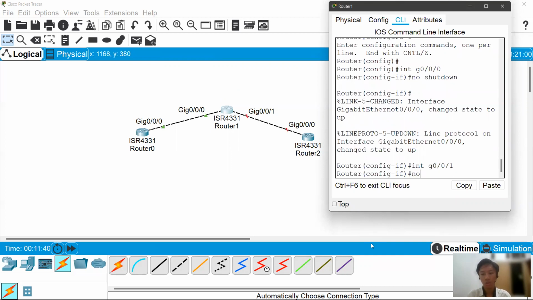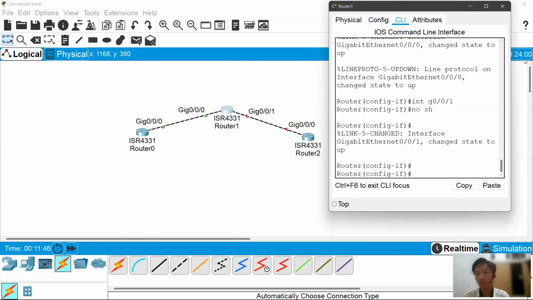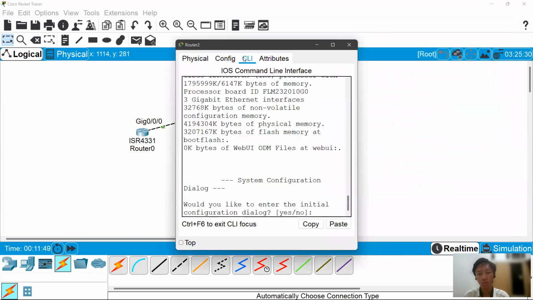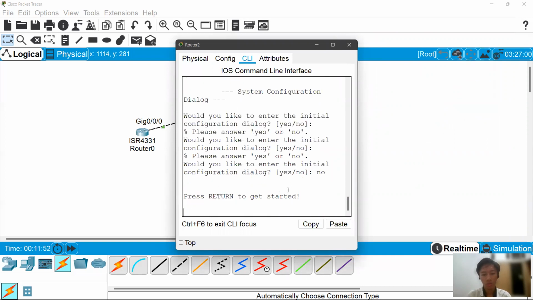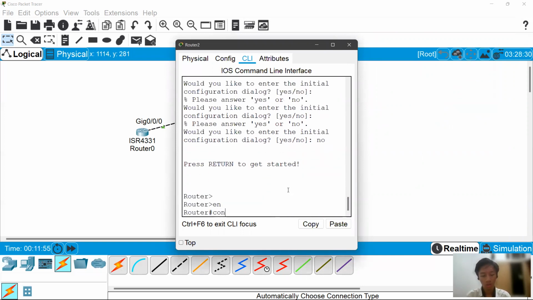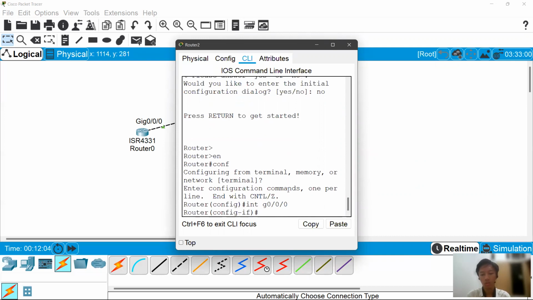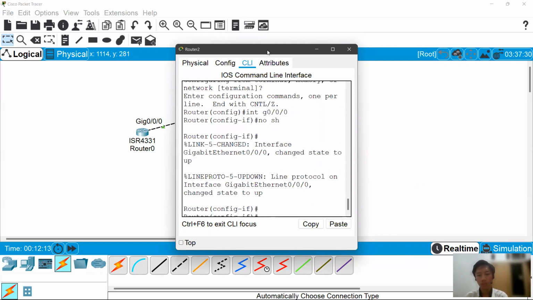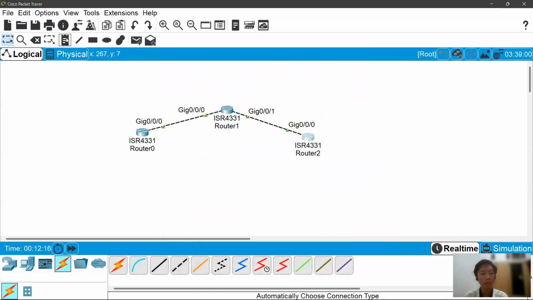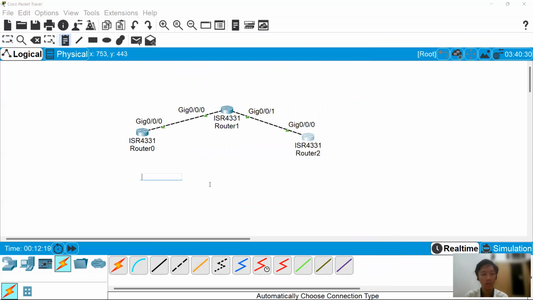Then I would like to write the IP first.